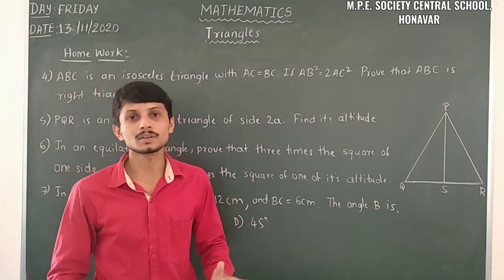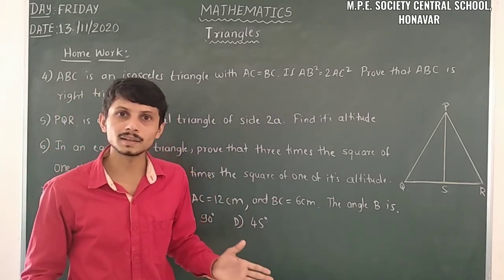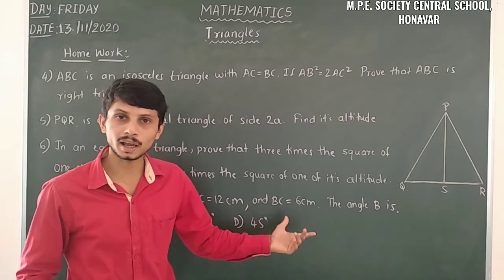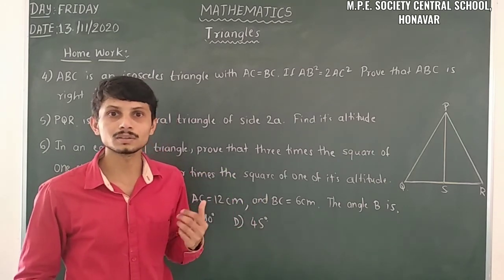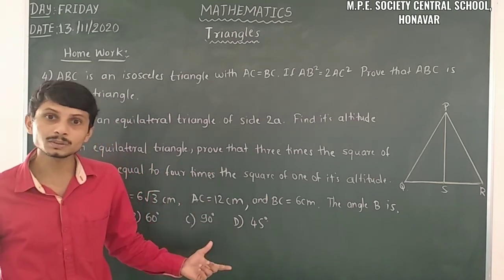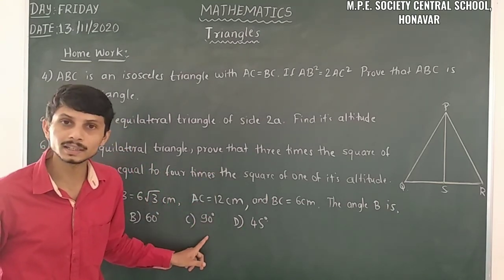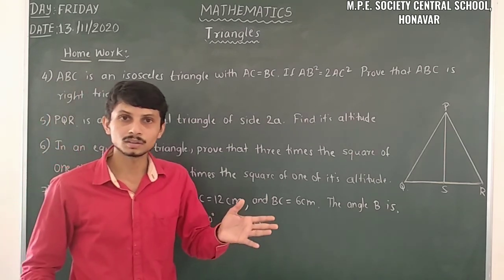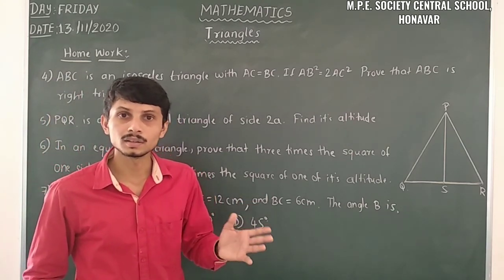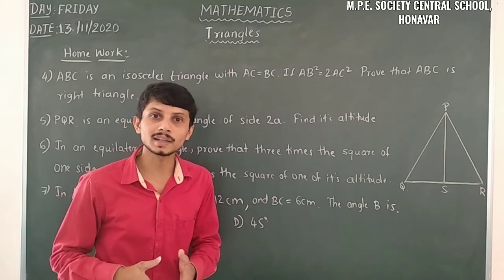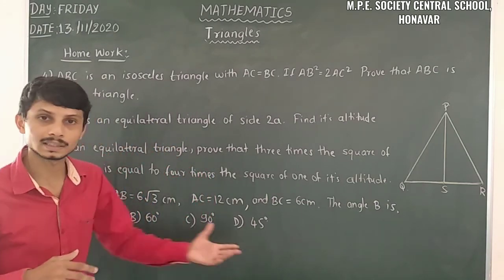Insert the Pythagoras theorem in that triangle, and whatever measurements we have, insert them into that equation. And if it holds good for the Pythagoras theorem, then angle B must be 90 degrees. If it does not, then that is not a right angle, so angle B is something else.